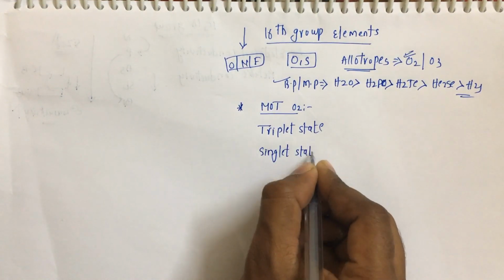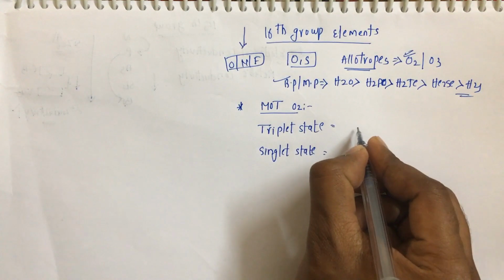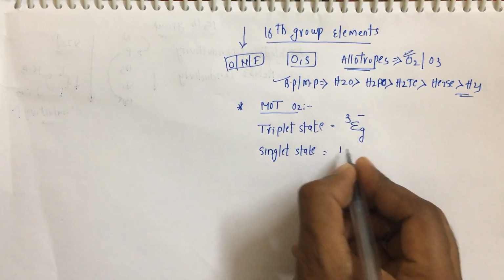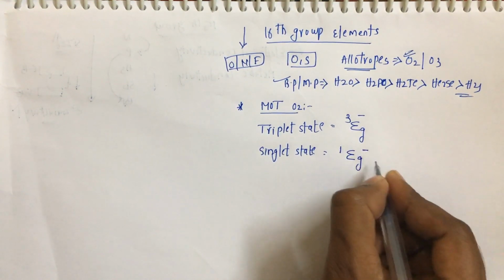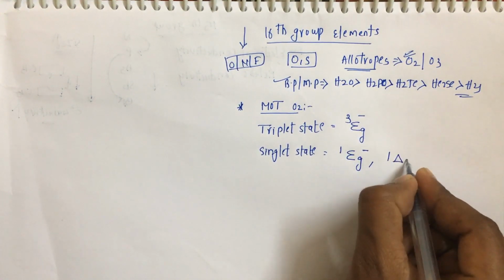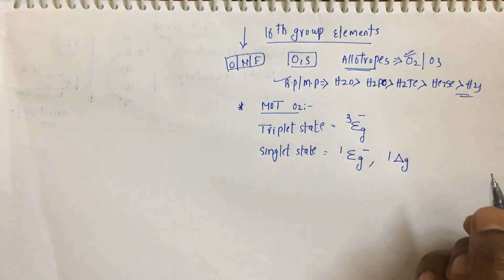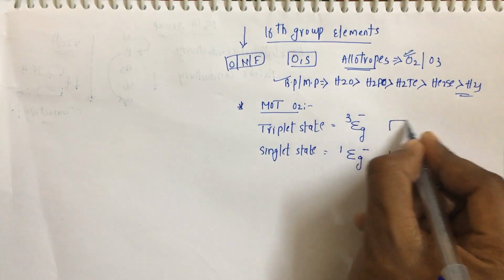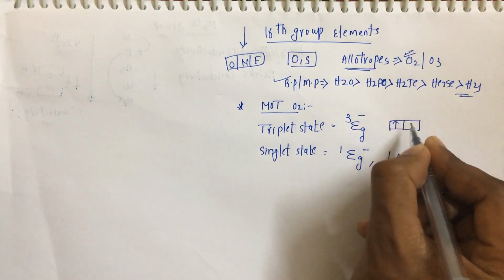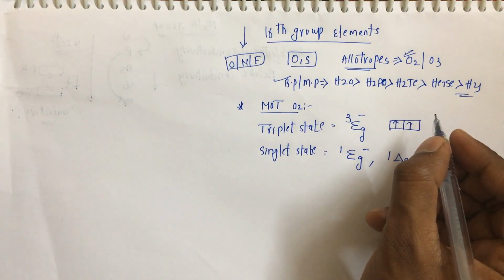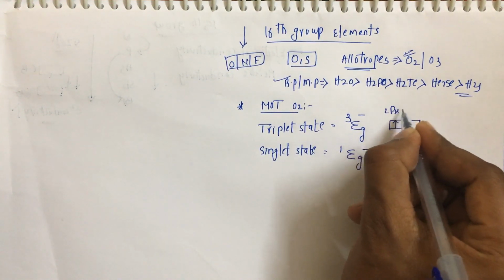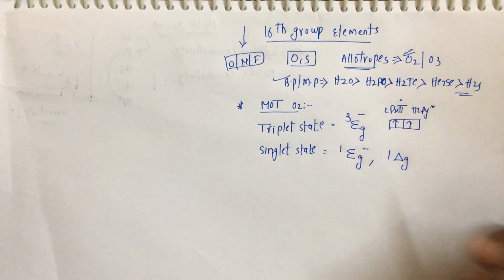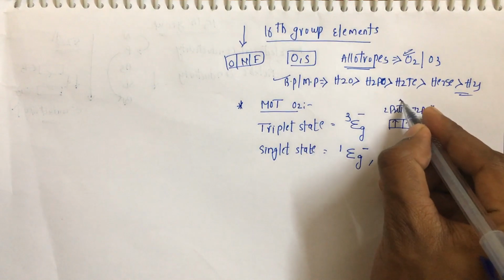For the triplet state, the term symbol will be this one, and for the singlet state, two term symbols are possible. This is one term symbol, and this is the other term symbol. For the triplet state we have one term symbol, which is possible when the 15th and 16th electrons occupy the π2px and π2py anti-bonding orbitals.